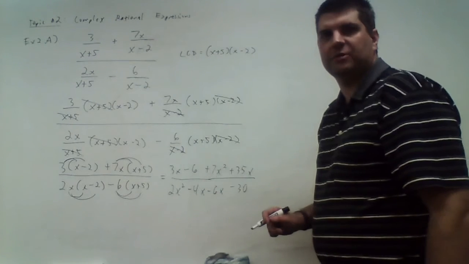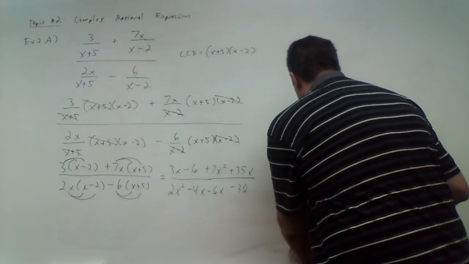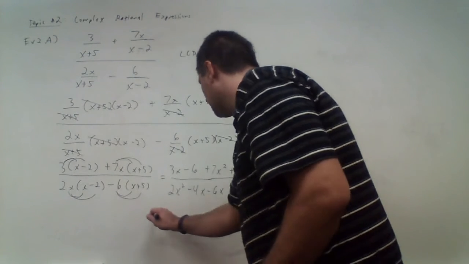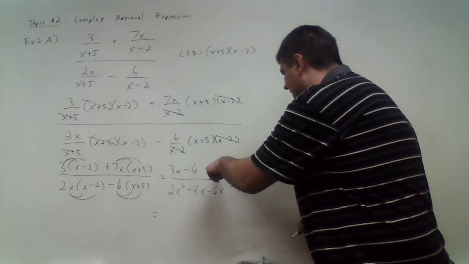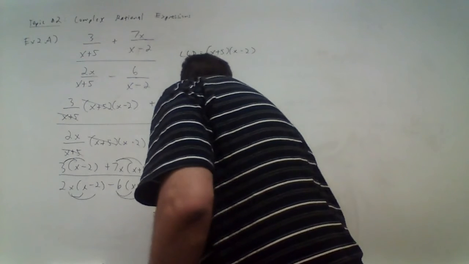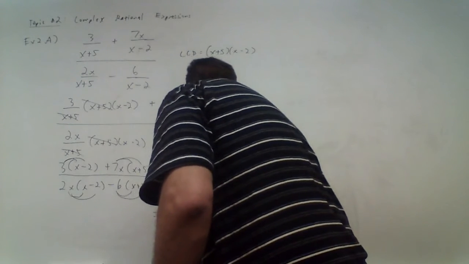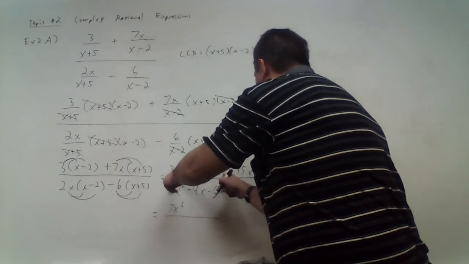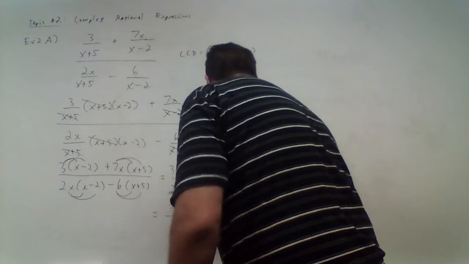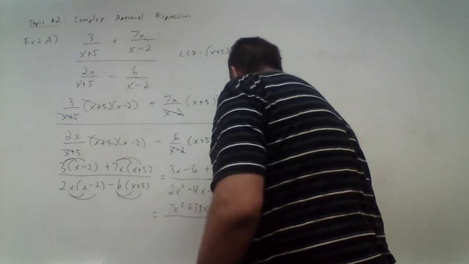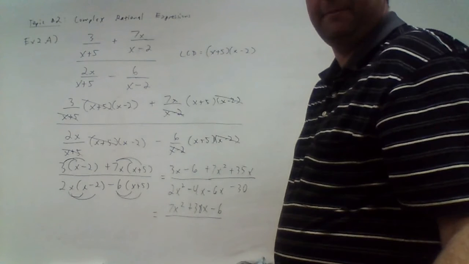Okay, and then the final step is to combine the like terms on both top and bottom and put it in descending order. The 7x squared is the only one of its kind. Okay, 3x's and 35x's is 38x's, and then minus 6. Okay?